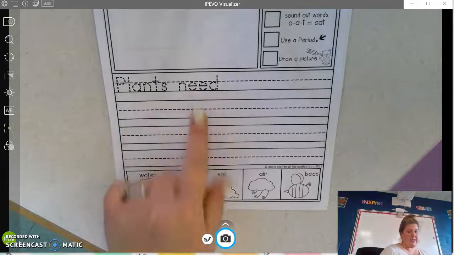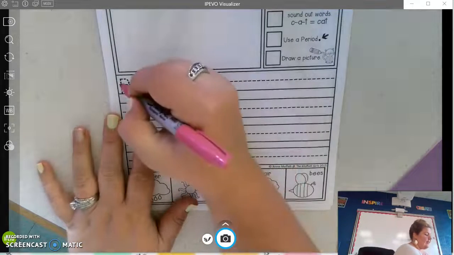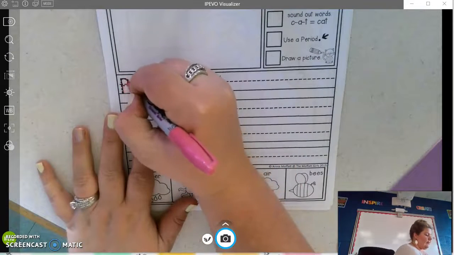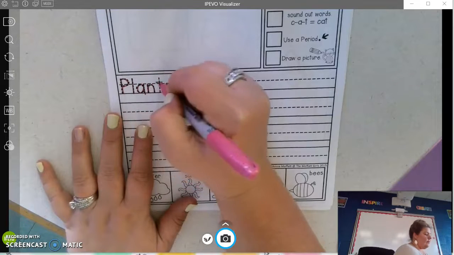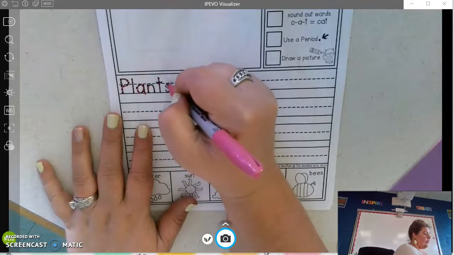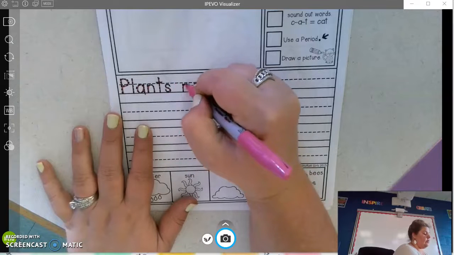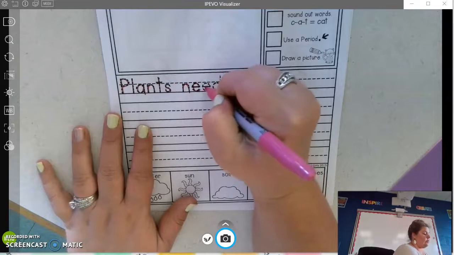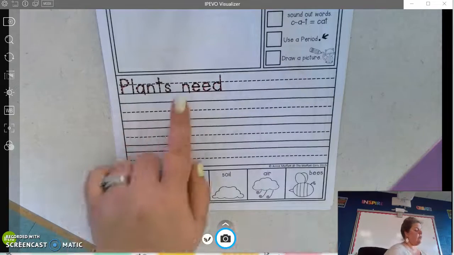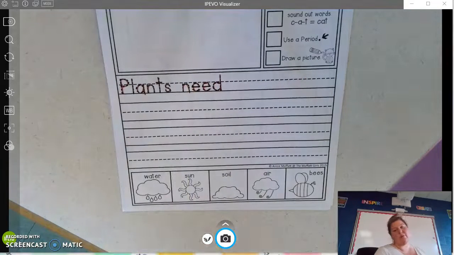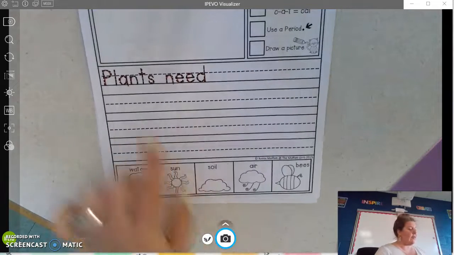Let's start by tracing over the words plants need. Okay. Remember to start our letters from the top and go down. And look to see how those lowercase letters don't go above that dotted line. All right, plants need.